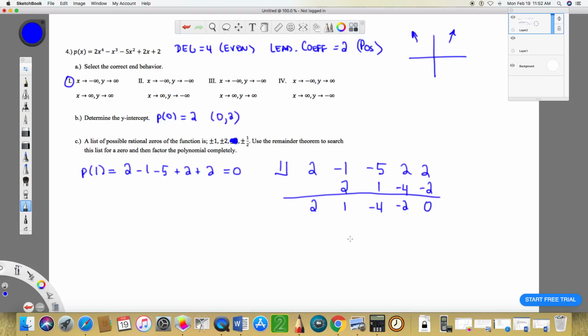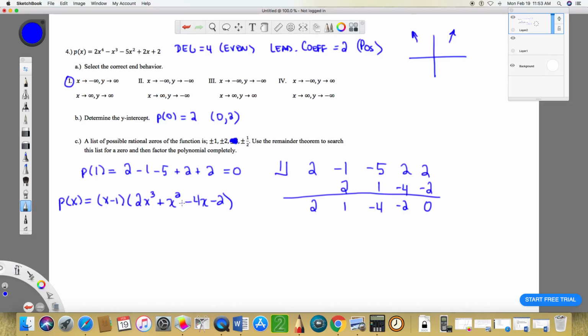All right. So now we have this x minus 1, and this gives us 2x cubed plus x squared minus 4x minus 2.